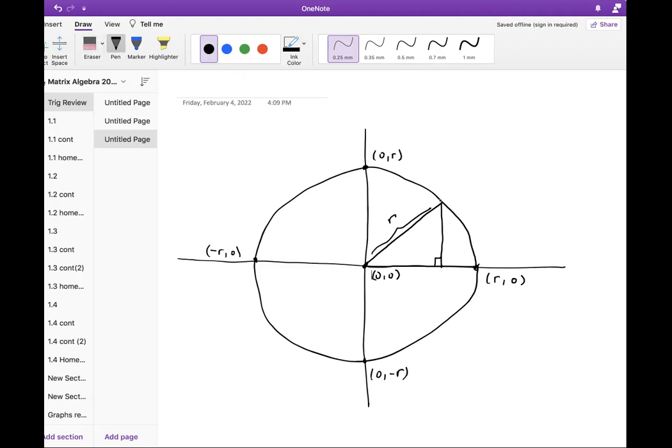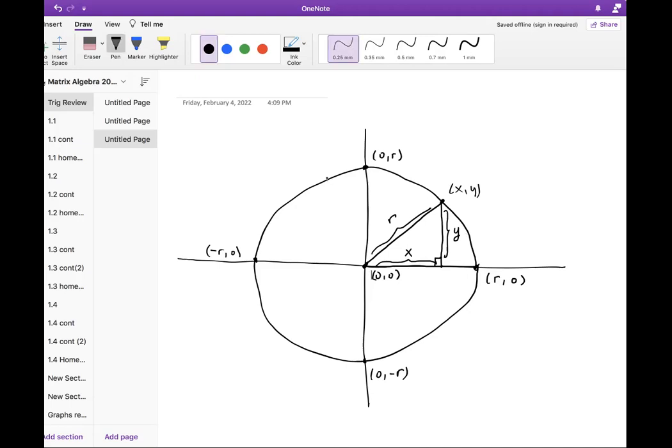So this point here, whatever this point is on the plane xy, it explicitly means that this point is x away from the center in the horizontal direction and y up. So this is true for every single point on the circle.